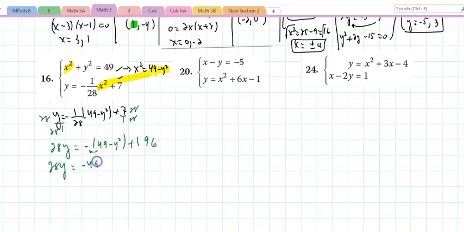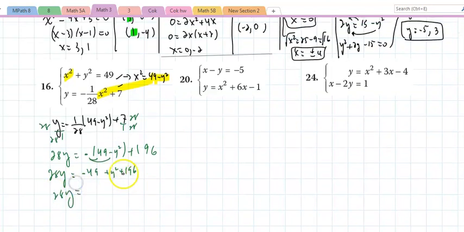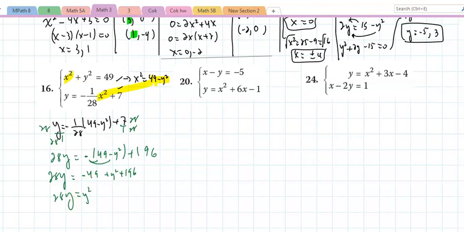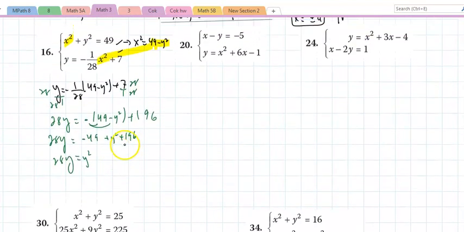That's negative 49 plus y squared plus 196. 28y equals y squared plus 147. If I get this into standard form, 0 equals y squared minus 28y plus 147.